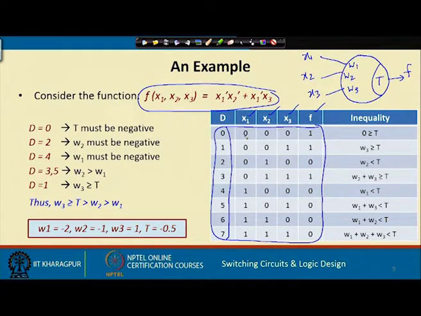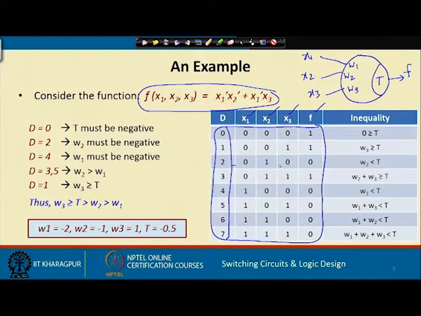If I have input 0, 0, 0, my weighted sum will be 0, and because the output is 1, that weighted sum must be greater than or equal to T. Similarly, for 0, 0, 1, the weighted sum will be only W3, and the output is 1. So, W3 also must be greater than or equal to T. For row number 2, 0, 1, 0, only x2 is 1.